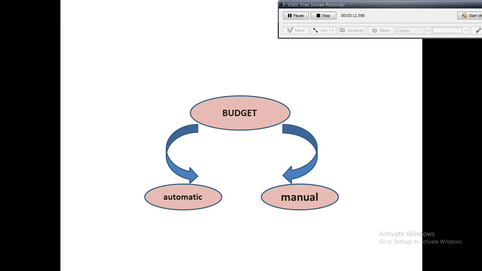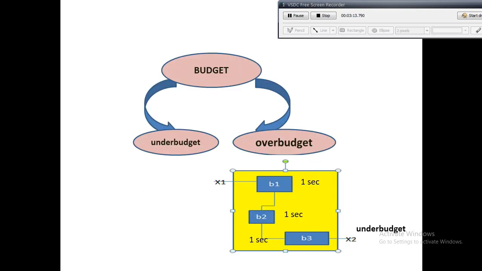In this slide we will discuss that there are two types of budget. One is under budget, the other one is over budget. In the diagram you can see, suppose randomly you have assigned 1 second delay to each block. It is a hierarchical design, right?